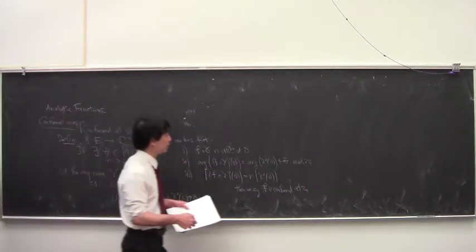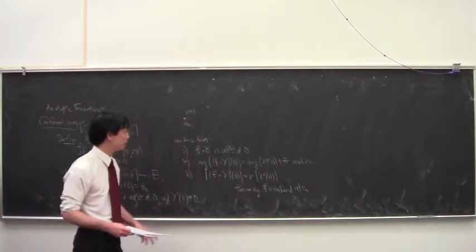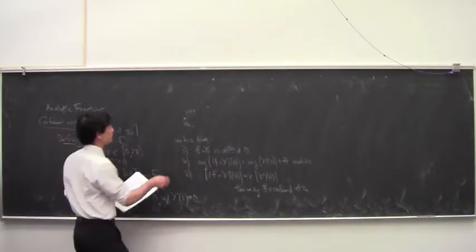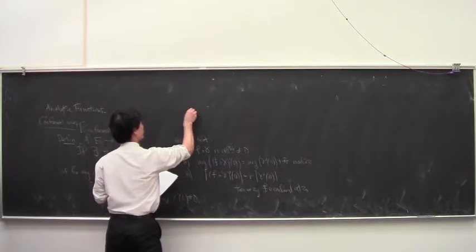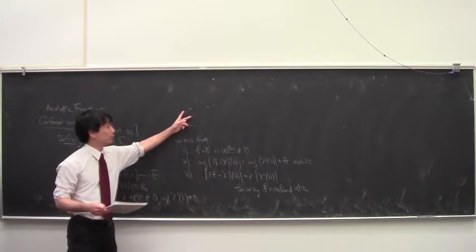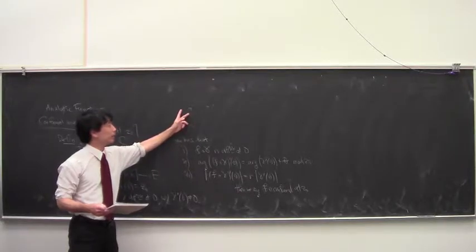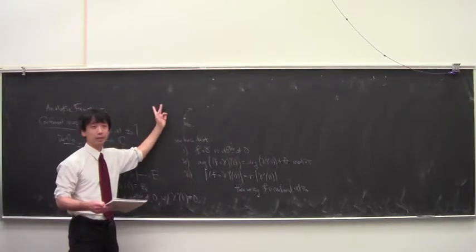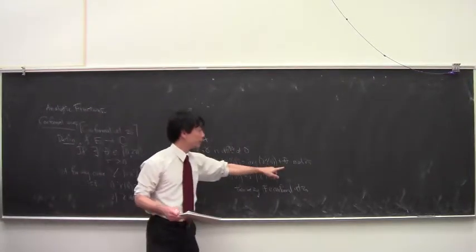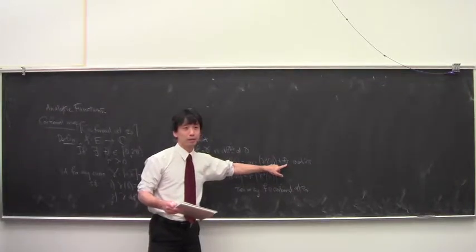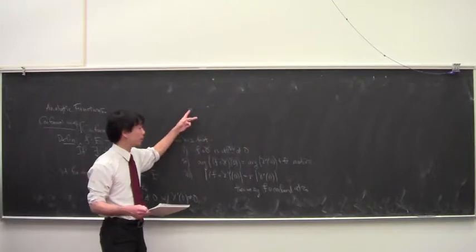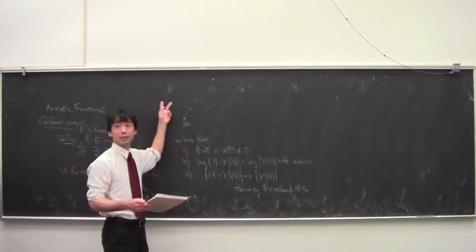One of the consequences of this is that if you have two curves that are going through z naught, then what happens to the tangent vectors there is that they just get rotated. They both get rotated by the same theta, and so the angle between the curves is going to remain constant.